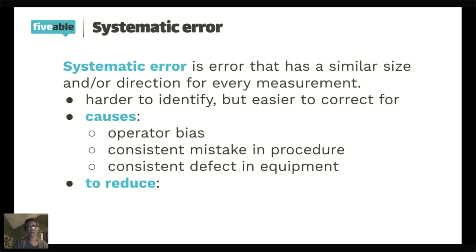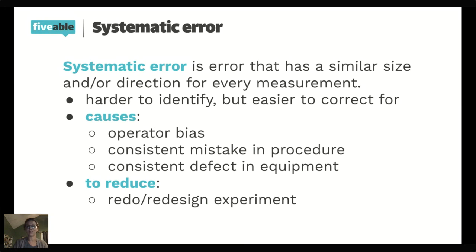To reduce systematic error, running multiple trials isn't going to work, right? Because if you're getting the same type of error every time, you can run as many trials as you want. They're never going to average out to the accurate value. So in some cases, unfortunately, you might need to redo or redesign the entire experiment.